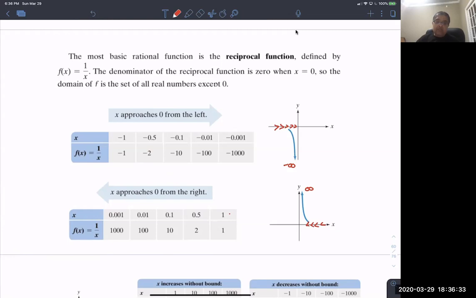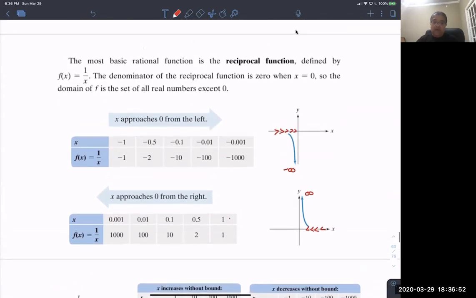As x approaches 0 from the right, f of x is getting larger and larger, more and more positive, so positive infinity. Well, which way is it? Which one is the correct way of doing it? Well, to be honest with you, they're both correct. Okay, they're both correct. And this is what we call a vertical asymptote.